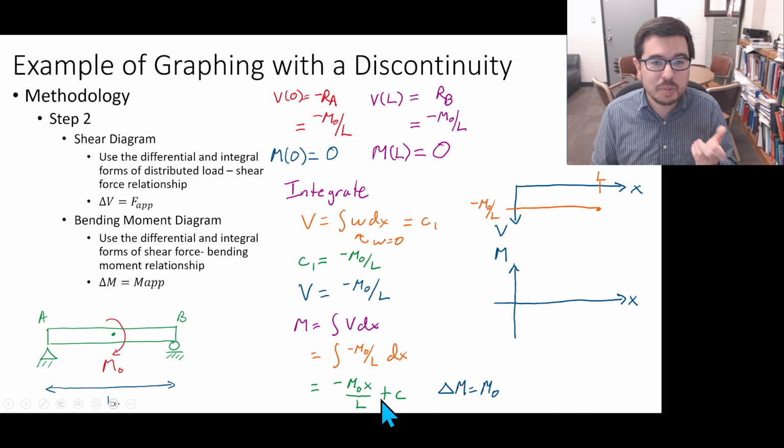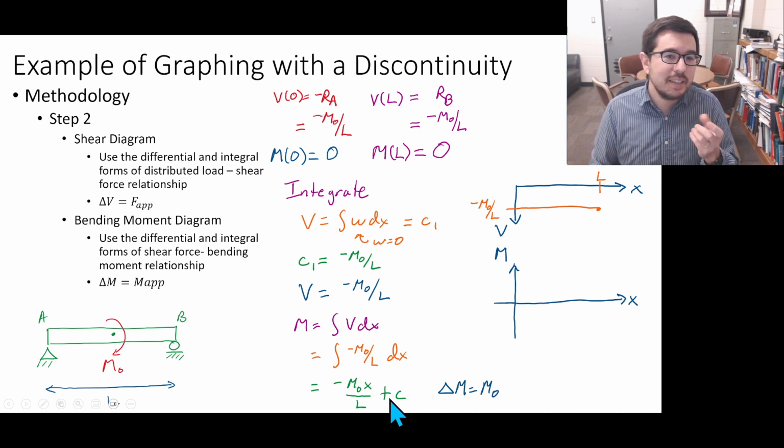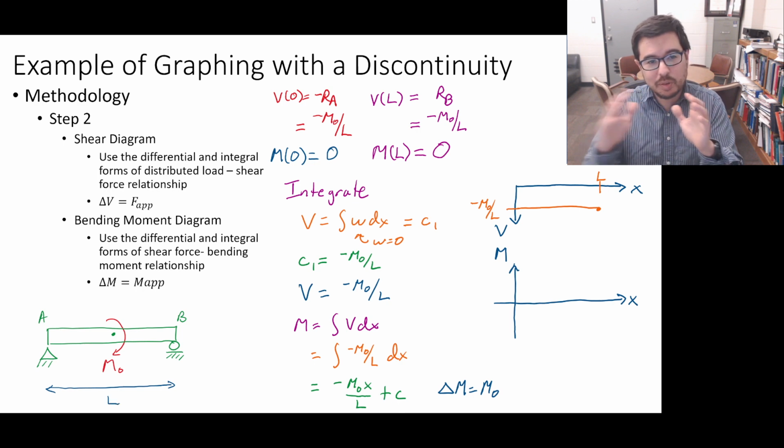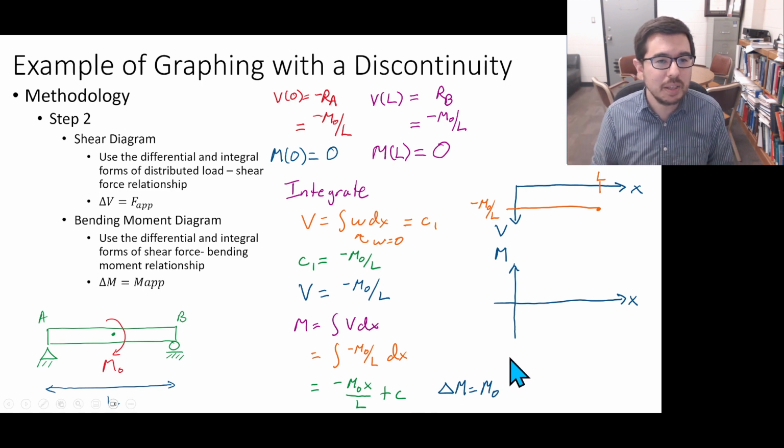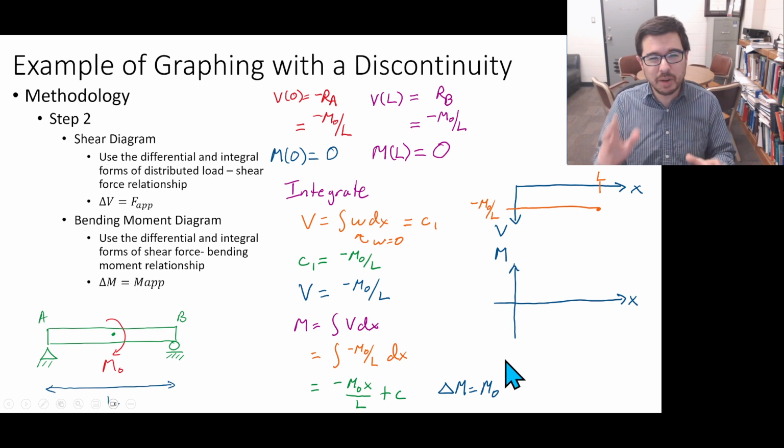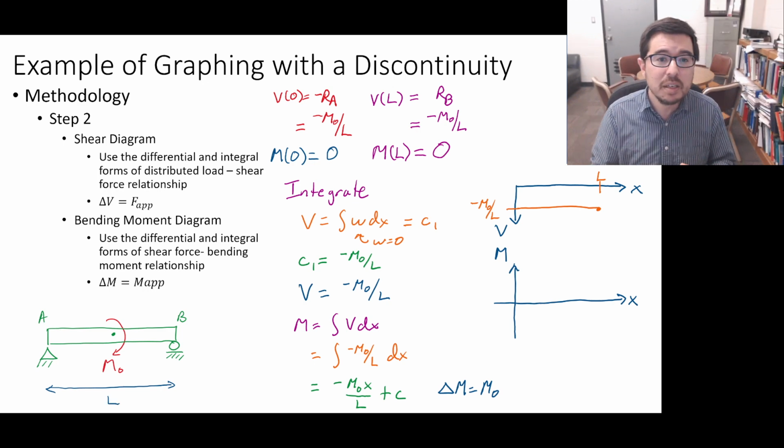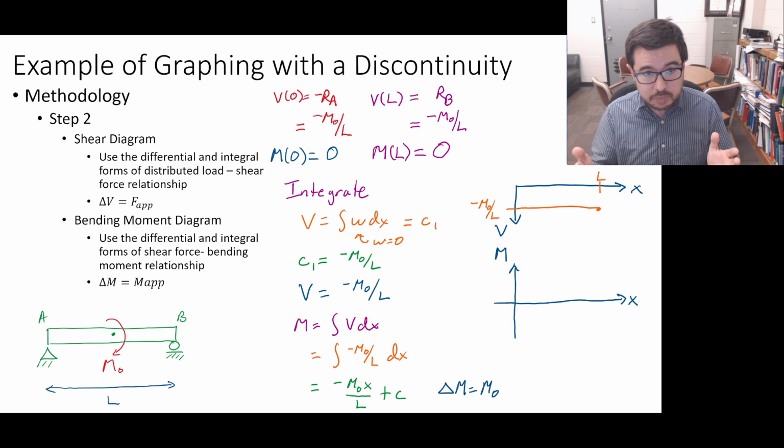So this expression doesn't hold for the entire length as we move across the beam. So we need to be careful and maybe a little bit slick. We don't necessarily want to write out all these complicated expressions, but we need to know what slopes are, or what curvature might be if we have a second order expression.